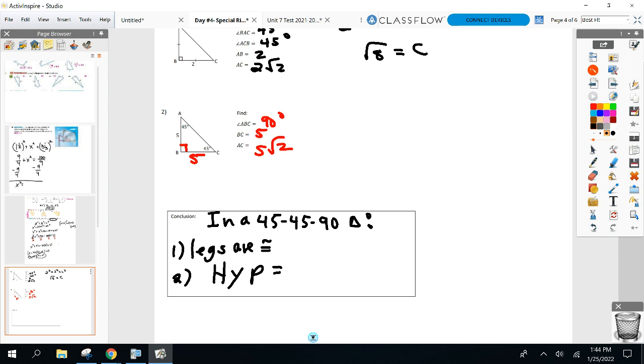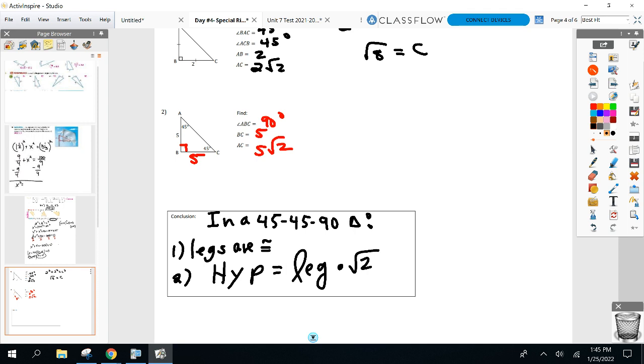Tammy, what's up? You take the leg and multiply it by radical 2, and in every 45, 45, 90 triangle we do, that's how you find the hypotenuse.